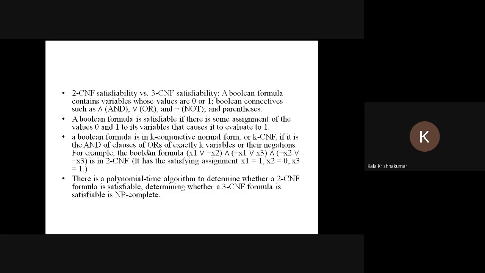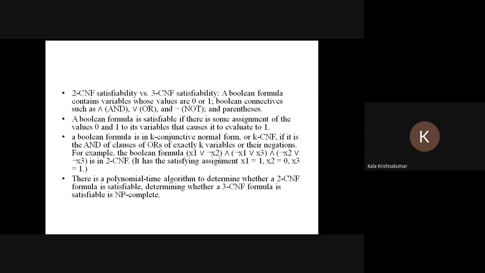Consider this Boolean expression: (x1 or negation x2) and (negation x1 or x3) and (negation x2 or negation x3). Inside each parenthesis you have a disjunction of two literals. This is known as a clause, a disjunction of two literals.